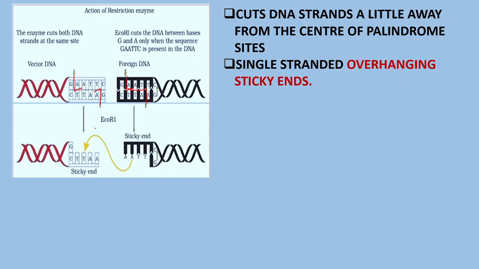As it cuts between G and A, consequently at this point it gets loose, and the hydrogen bonds existing here will also break down. As it got cut here, even here the hydrogen bonds will get loose. Consequently this portion will get detached.